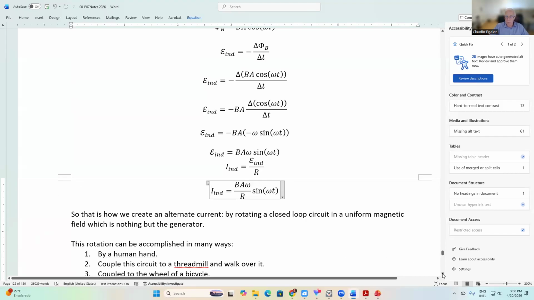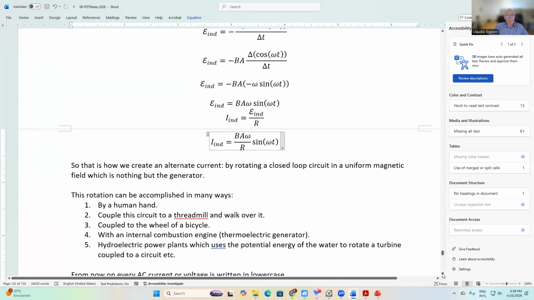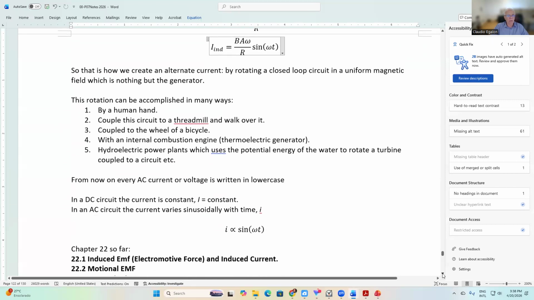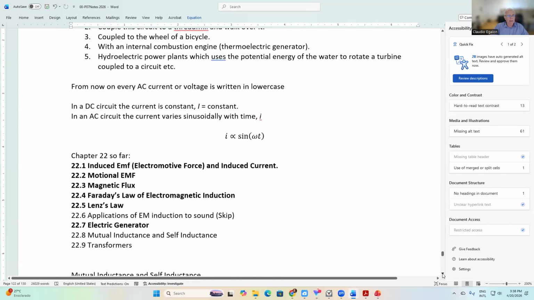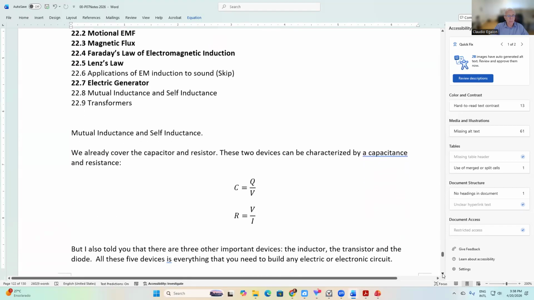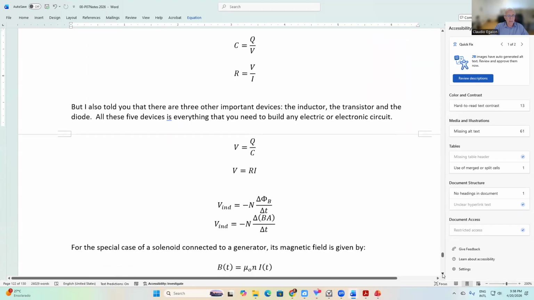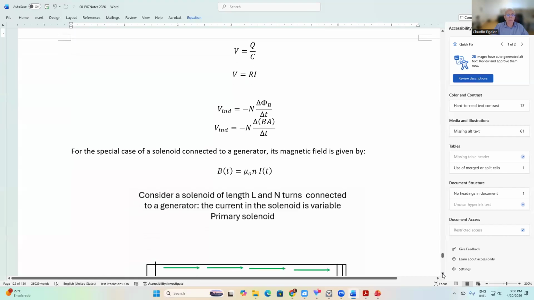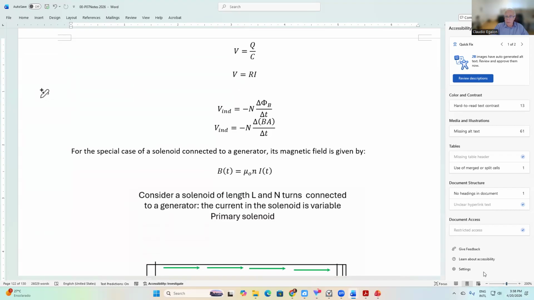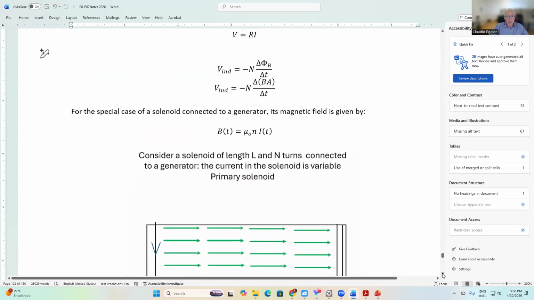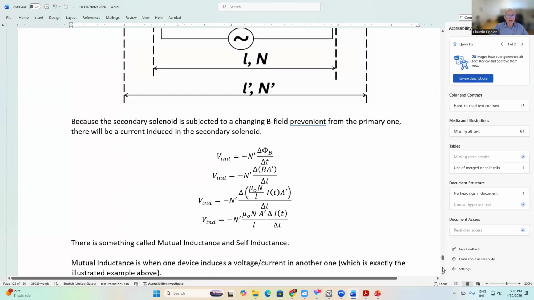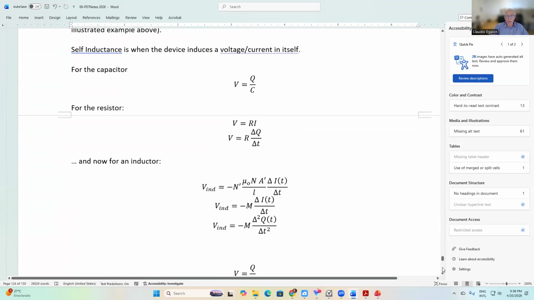Very important too. Not just the current, but the voltage as well, induced by the electric generator. The next important equation is this. Not this one. It's going to be the definition of mutual induction and self-induction.